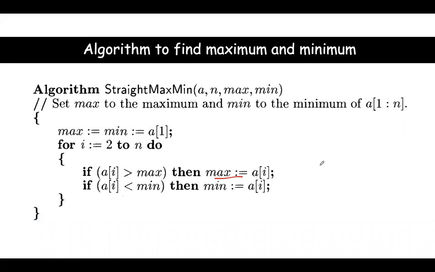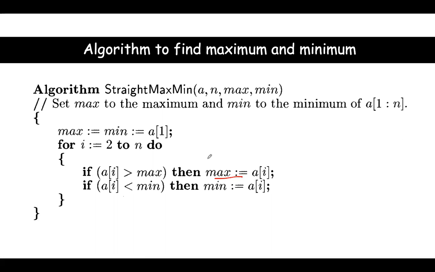Now minimum has got 1, max has got 2. If A of I less than minimum, in A of I what is there? 2. If it is less than minimum, so this condition is false. Now max will have 2, minimum will have 1. Is it clear? Similarly, we go for next element.